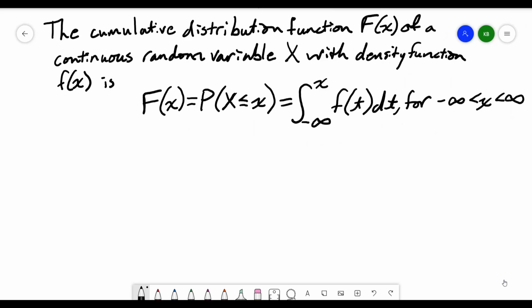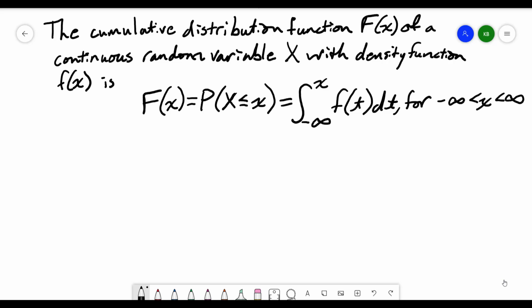Now we also have the concept of a cumulative distribution function, capital F of x, for a continuous random variable x with density function f of x. All right, so we're using capital letters for our cumulative distribution function, and our density function has a lowercase f there. That's our notation idea.